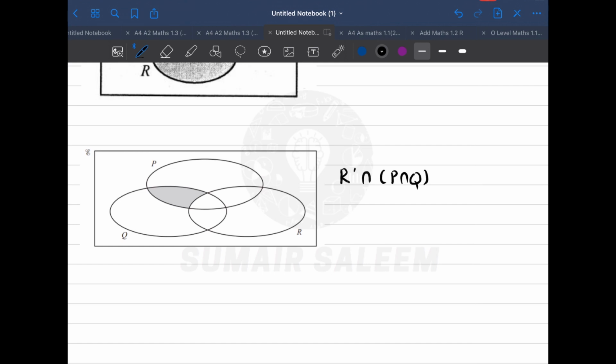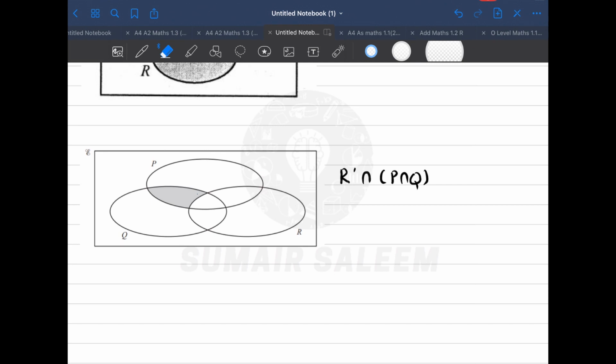What's R complement? Everything other than R. So I wrote letters in that. What's P intersection Q? This and this one. So guys, what's the area that includes P intersection Q intersection R complement? This one. And the area that was given in the question was also the same. That means you have answered correctly.